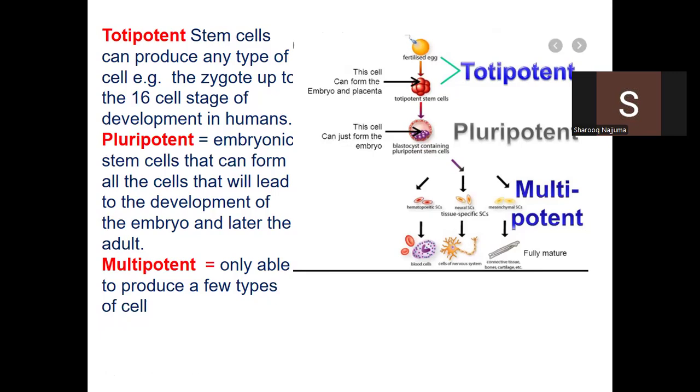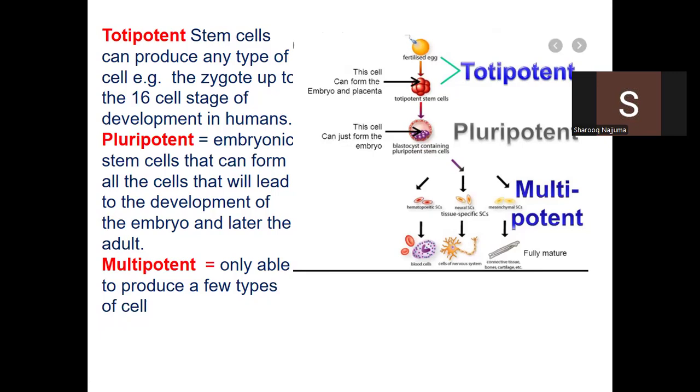We also have, after totipotent, the next is the pluripotent. Pluripotent, it can form, yes, very many cells, but its potential is not the same as that of the totipotent. Like an example, after the 16 cell stage, the embryo can be able to form very many other cells. It can form maybe the nerve cells, the heart muscle cells, but it cannot form another human being.